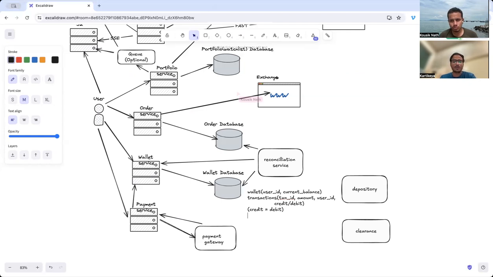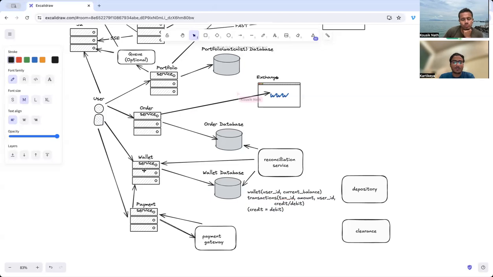The whole purpose is to ensure this. If we do not modify anything, these become atomic transactions. So at the end of day, if we add all the credit transactions, they should be equal to all the debit transactions.